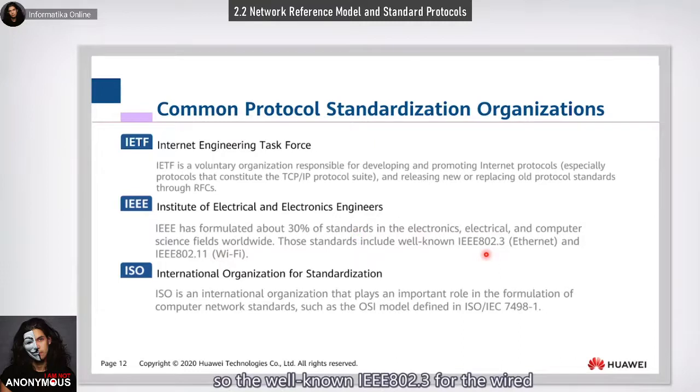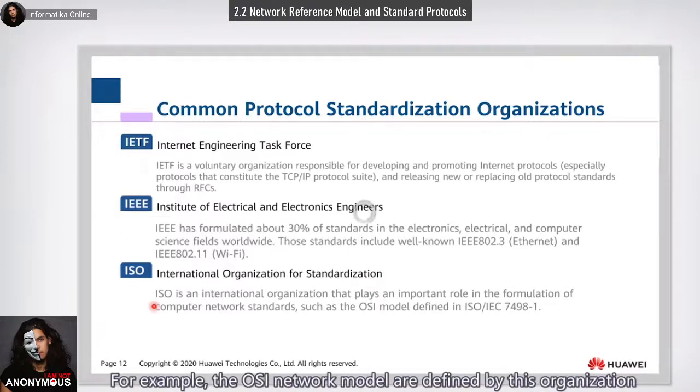The well-known IEEE 802.3 for wired LAN and 802.11 for Wi-Fi are defined by the IEEE. Another is the ISO, the International Organization for Standardization. ISO defines not only computer network protocols but also a lot of other standards. For example, the OSI network model is defined by this organization.